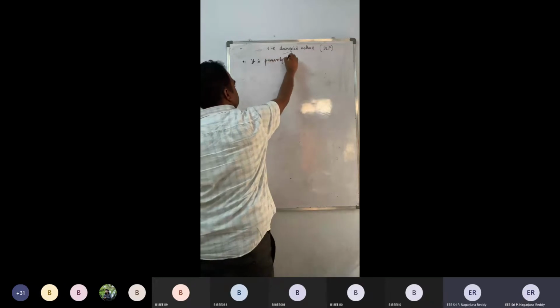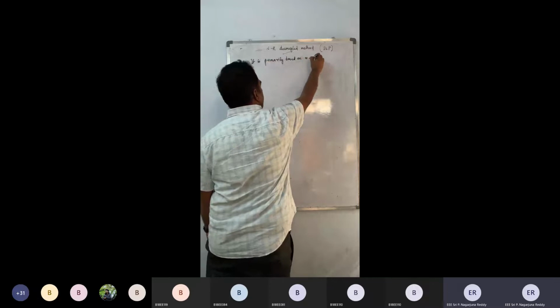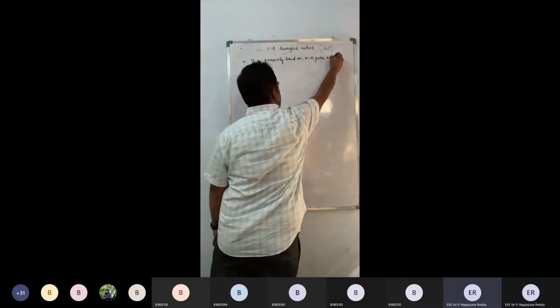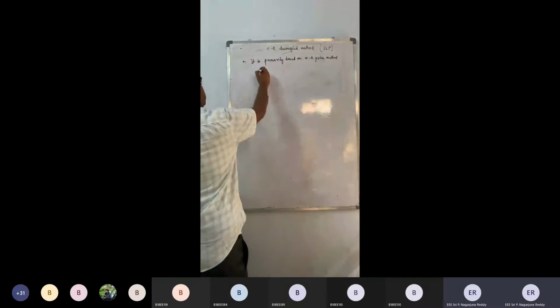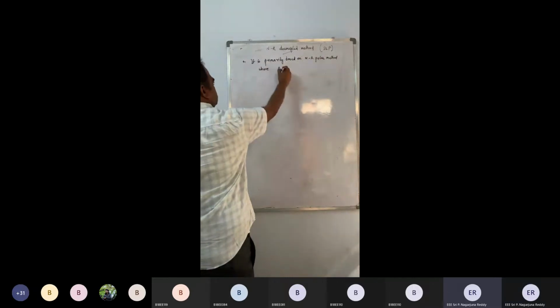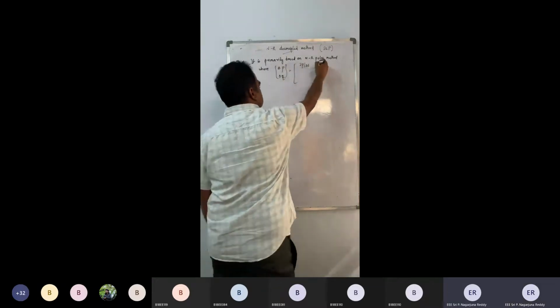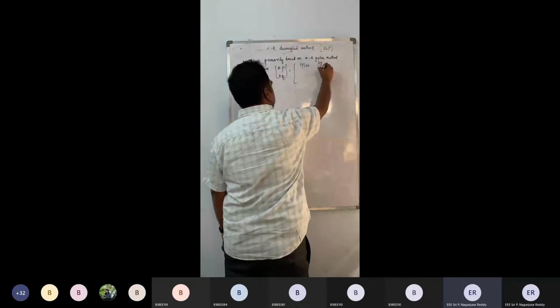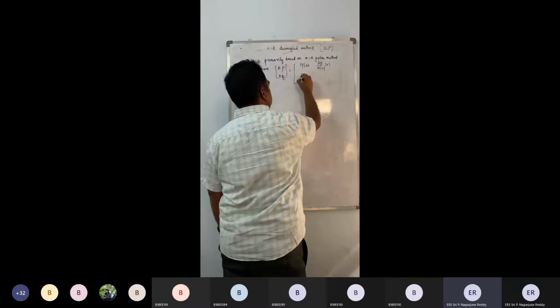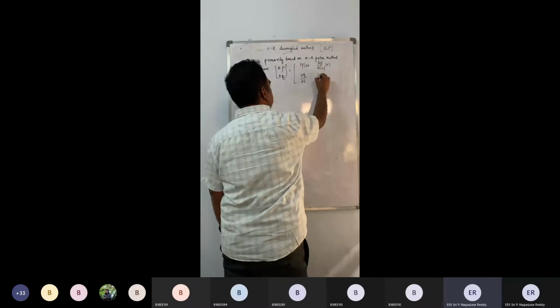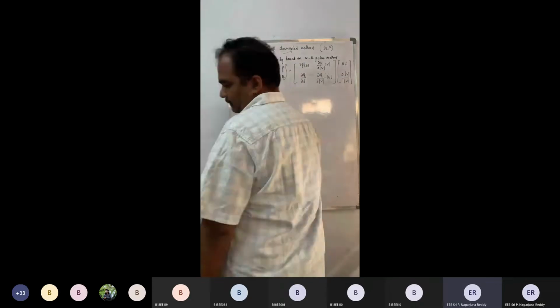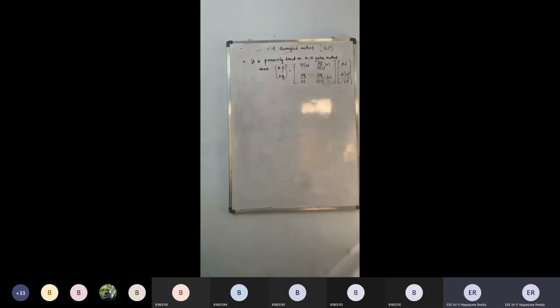It is primarily based on Newton-Raphson polar method, so Newton-Raphson decoupled method is primarily dependent on Newton-Raphson polar method.